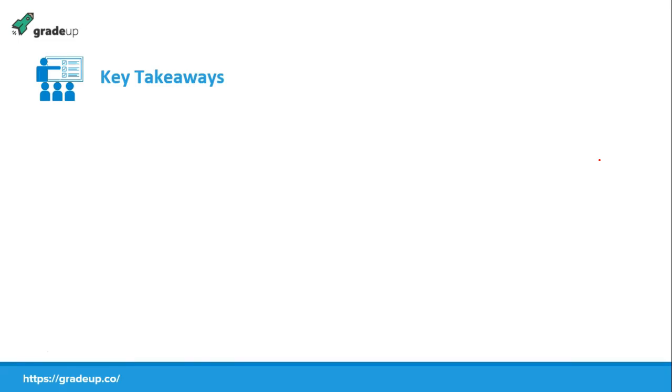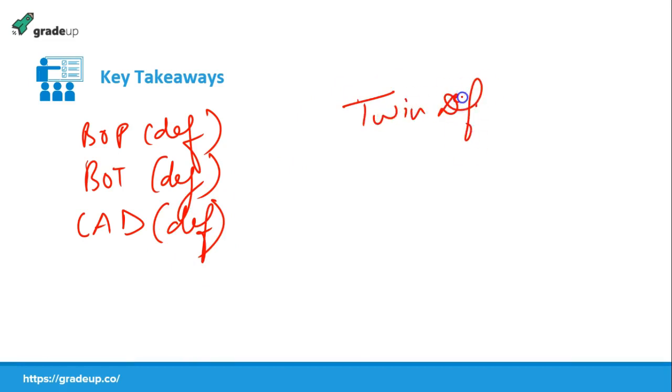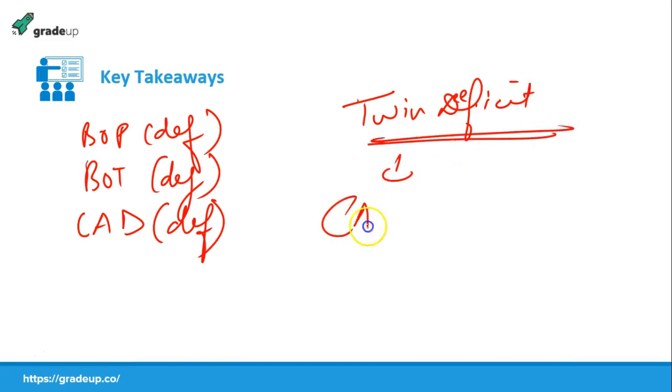Now, what is the key takeaway? You can have a glance at the BOP definition as a whole, then the balance of trade definition, then the current account deficit definition. Also remember there is a term called twin deficit. In the condition of twin deficit that our country is facing, it is current account deficit and fiscal deficit.